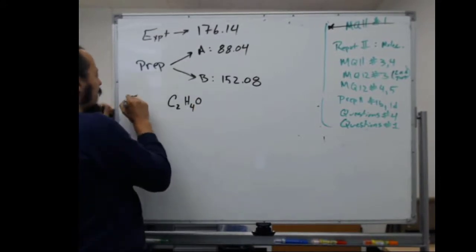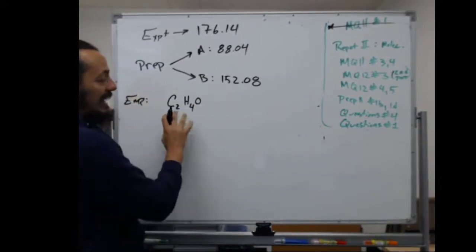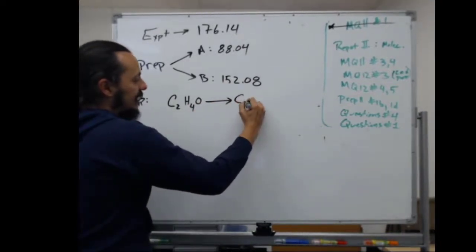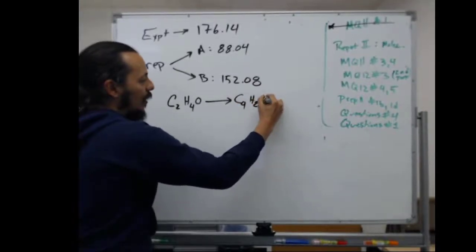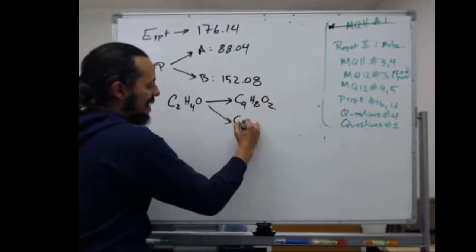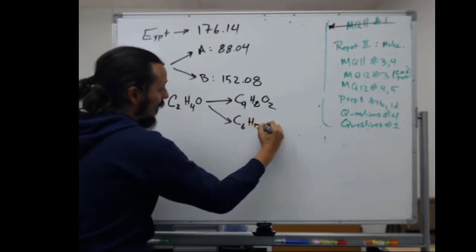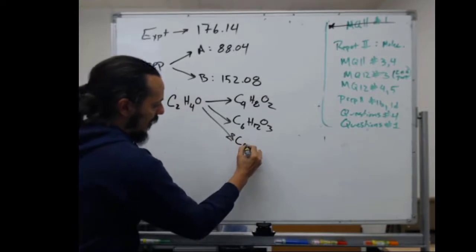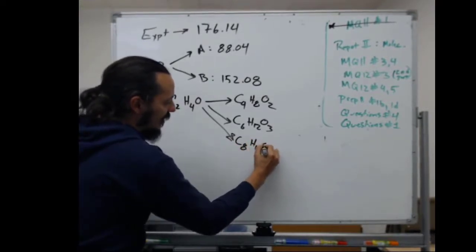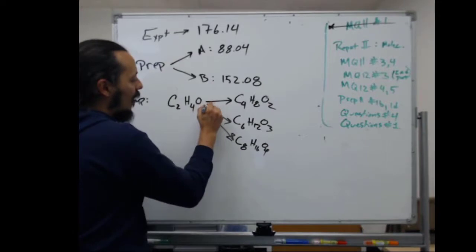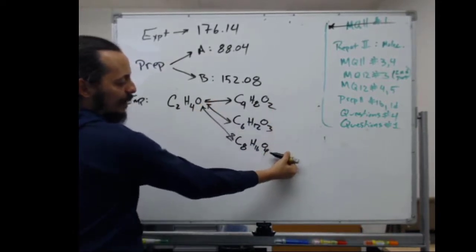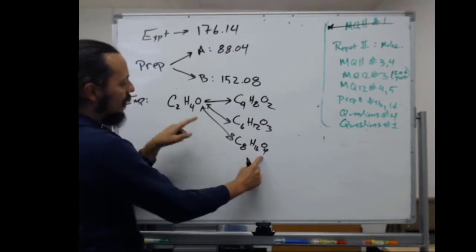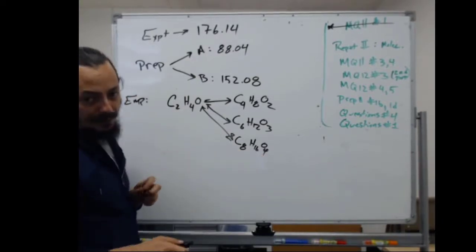If this is our empirical, it can be C2H4O, or it could be C4H8O2, or it could be C6H12O3, or it could be C8H16O4, right? Even though we've got these different molecular formulas, when you get the smallest ratio between them, you're going to get the same empirical formula for all of them.